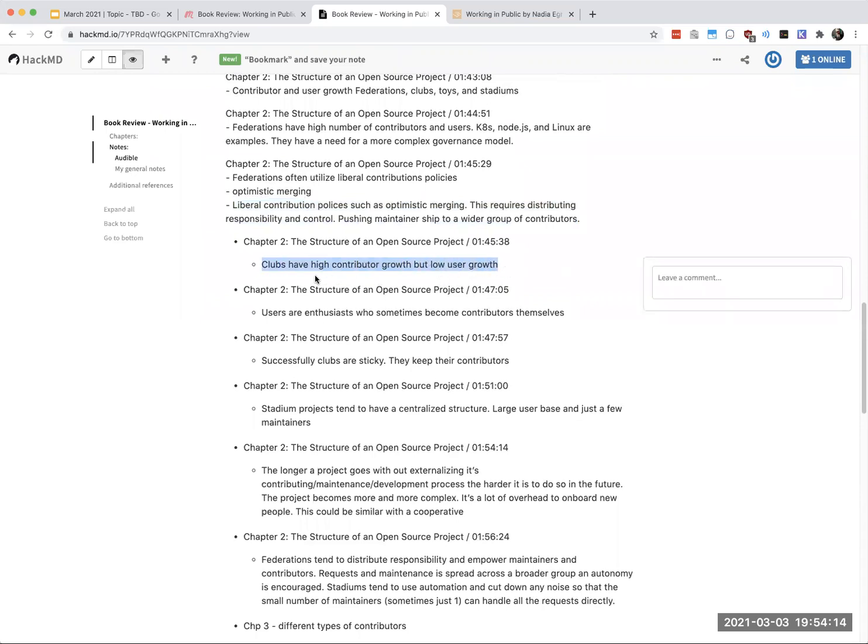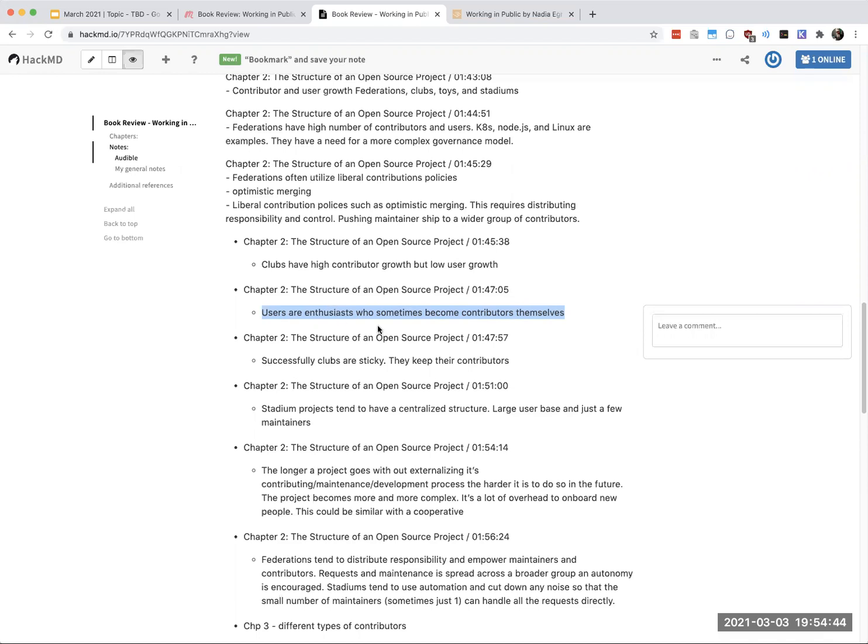Yeah. So clubs have a high contributor growth, but lower user growth. One of the things noted was that users often become contributors themselves. This is specifically true for clubs. It could happen anywhere. If you have a user that's coming in and they really care about the project, they want it to last because they're using this software, then they may end up contributing.